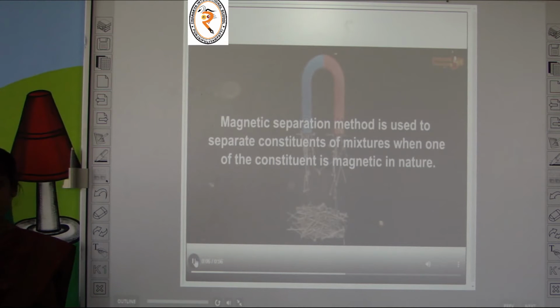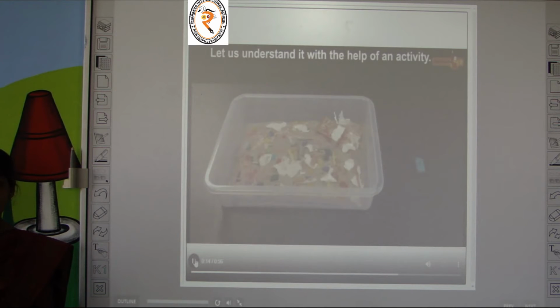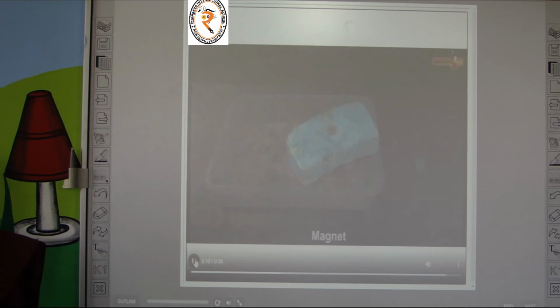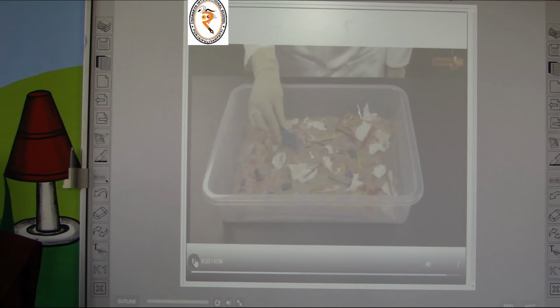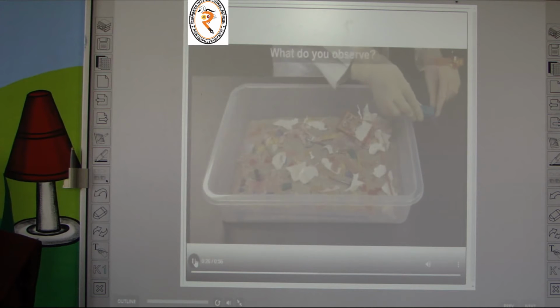Magnetic separation method is used to separate constituents of mixtures when one of the constituents is magnetic in nature. Let us understand with the help of an activity. For this, we need a magnet and a mixture. Move the magnet over the mixture. What did you observe?